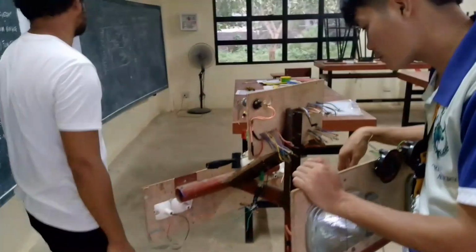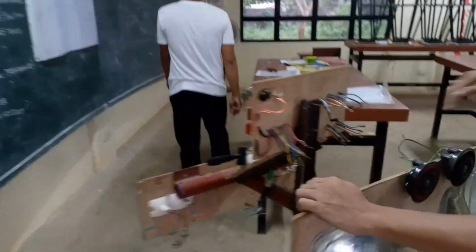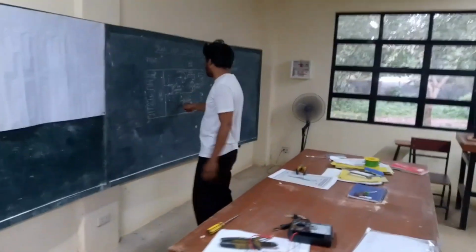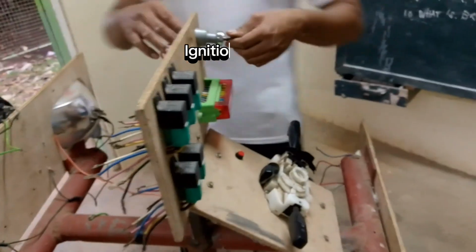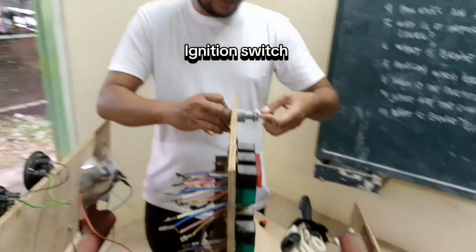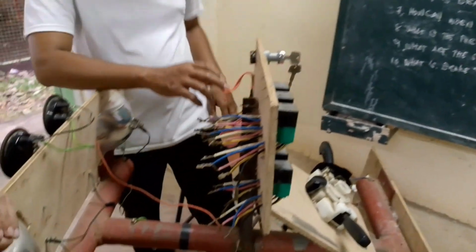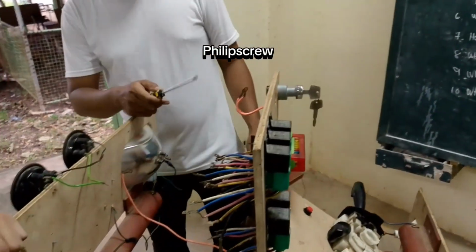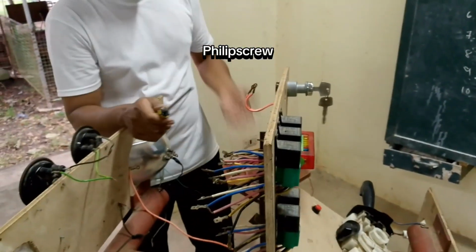Okay? Next, go back. Positive from the battery will go to the B terminal of our ignition switch. So this is our ignition switch. So use the pliers, Phillips screws.